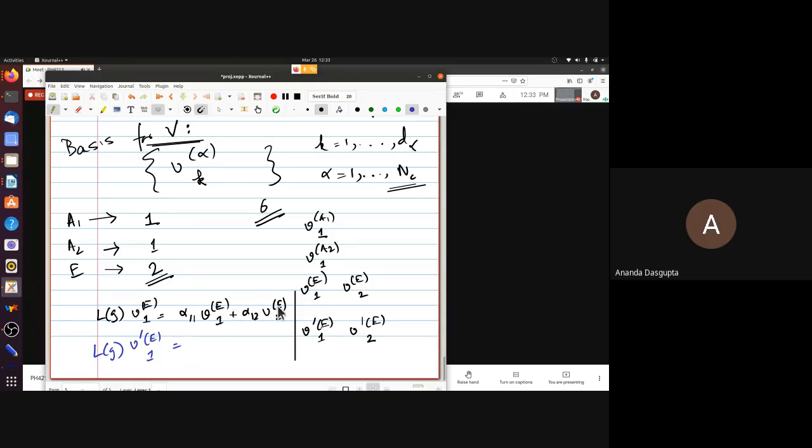if this is correct, can anybody tell me what LG actually on V prime E1 will be? Of course, the numbers alpha 1, 1, alpha 1, 2 you can easily figure out, but that's not really important right now. If this is the way VE1 transforms under the action of LG, how would V prime E1 transform?